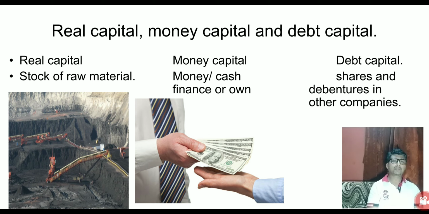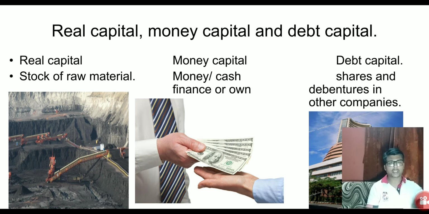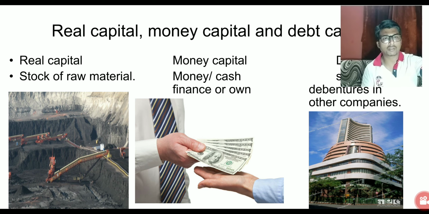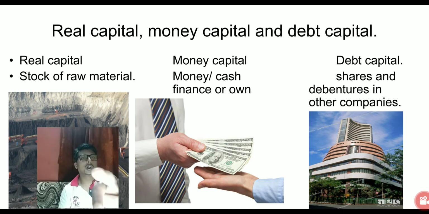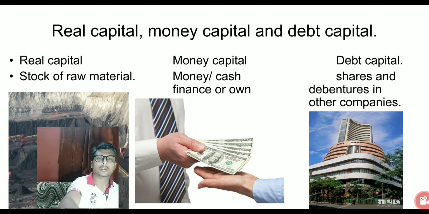Debt capital is the amount of money which we invest in some shares or debentures of other companies, like in the stock exchange. When we go and deposit some money in the stock exchange, that is called debt capital. All right, let's go to the next slide.